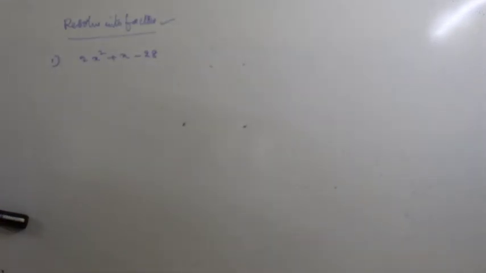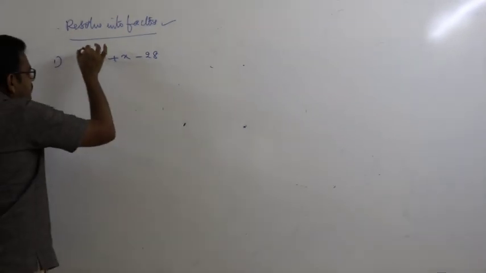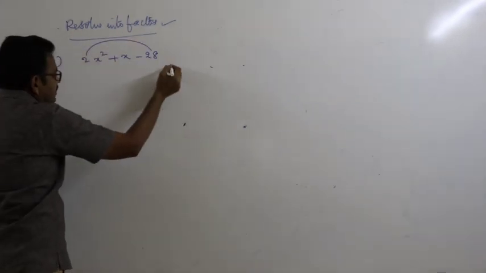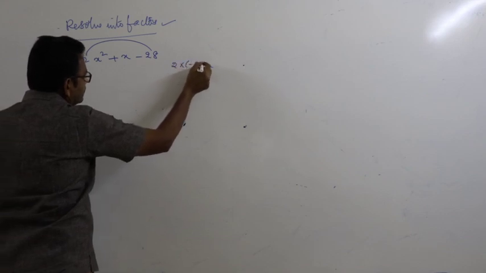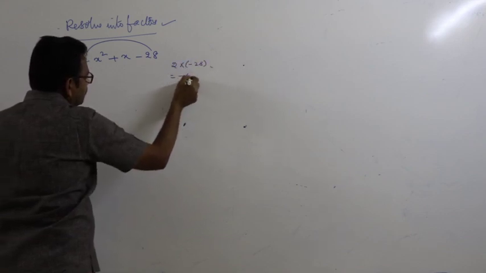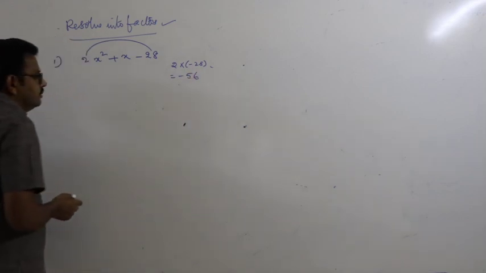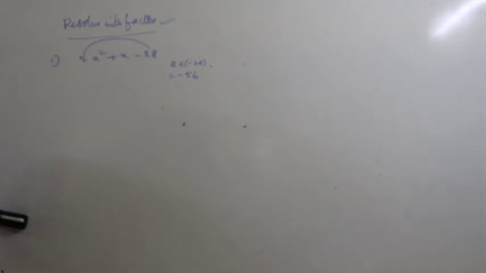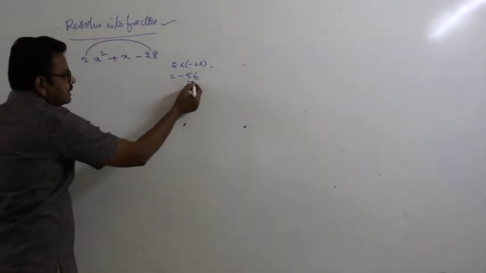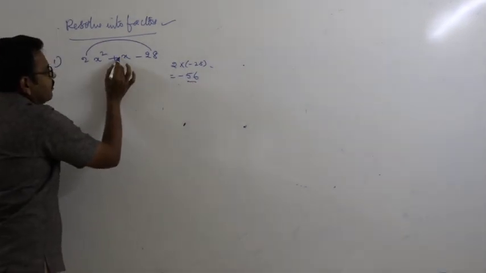Resolve into factors. Multiplying the x square coefficient and the constant, that is 2 into minus 28, that is equal to minus 56. Now select the factors such that their product is minus 56 and their sum is 1.